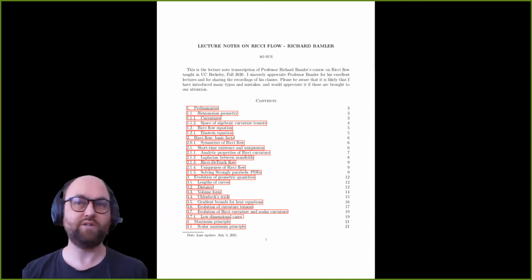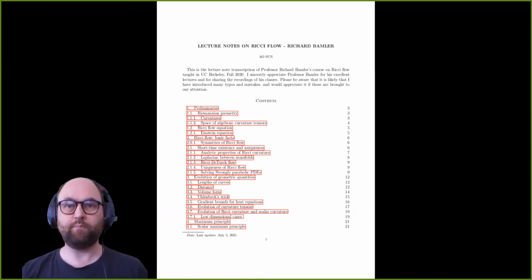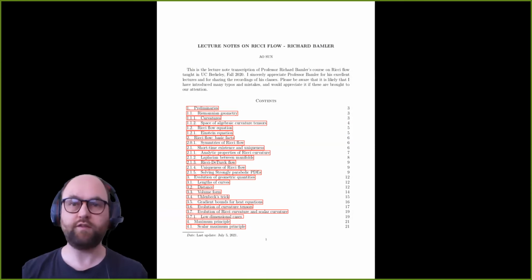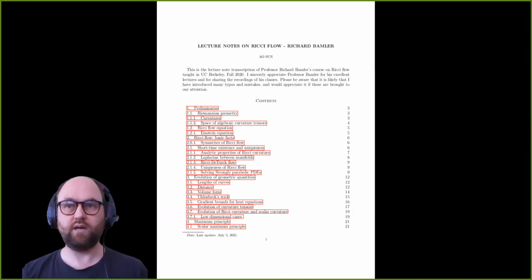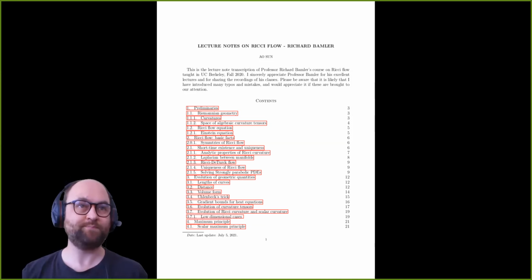Today we start off with some background differential geometry, just to get everybody up to speed before we start in the Ricci flow proper. So James Stanfield is going to start us off with that.